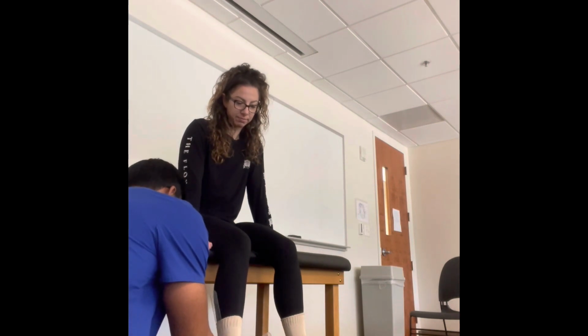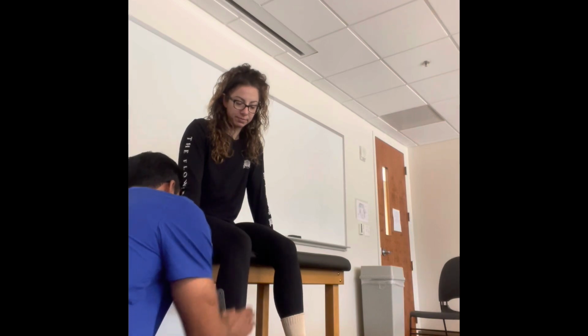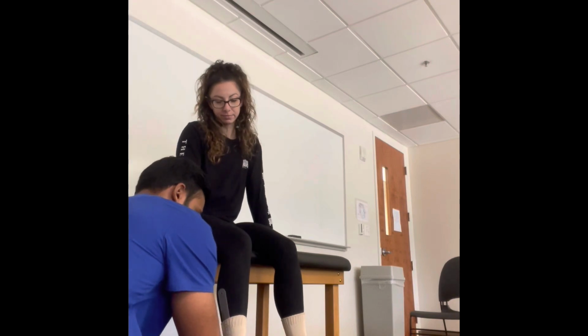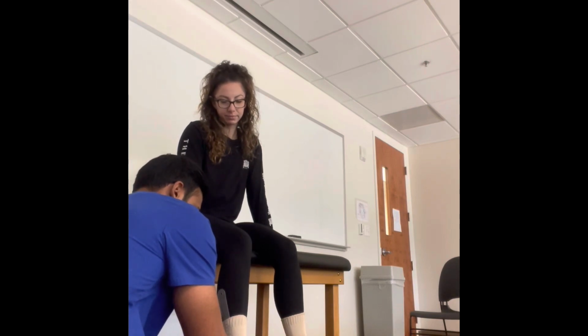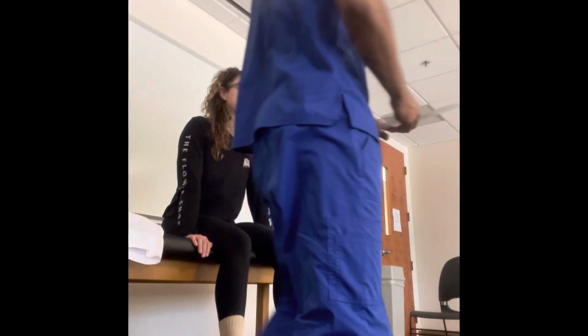So I'm going to just align them as such. Alright. And then I'm going to passively move the foot into dorsiflexion. And it seems that she's unable to move any further. And the measurement is 0 degrees on the right ankle.